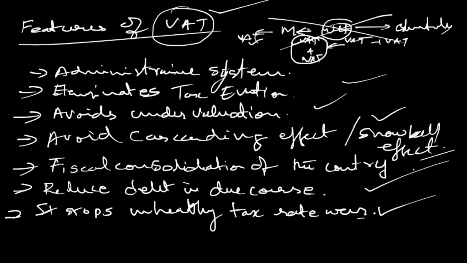New kinds of income, new kinds of services, or new kinds of money transactions come, and definitely the policies may change. Every time, tax policy is dynamic in nature. Every year you can see some changes.